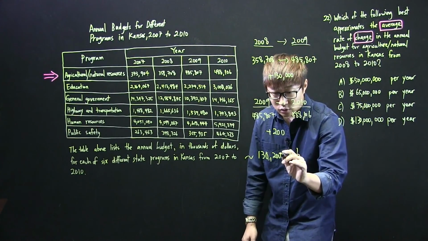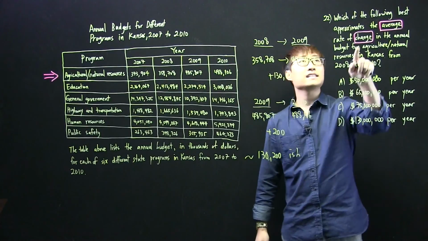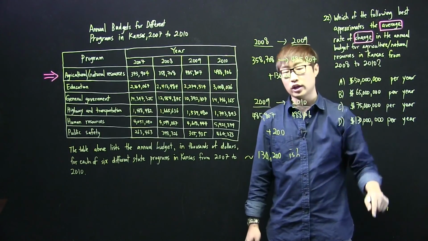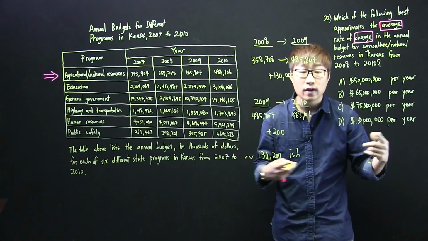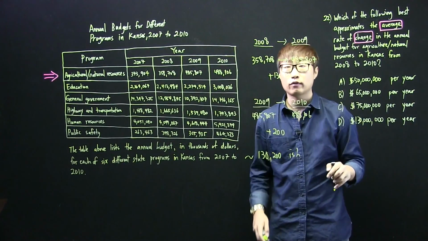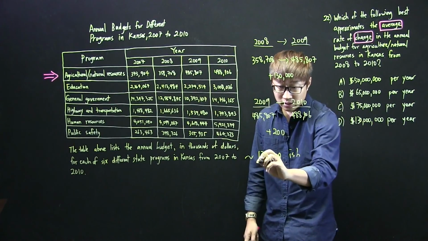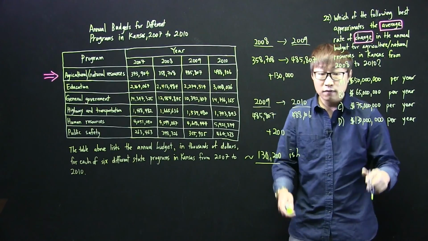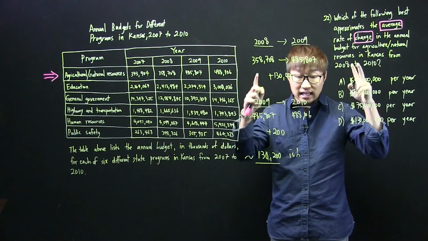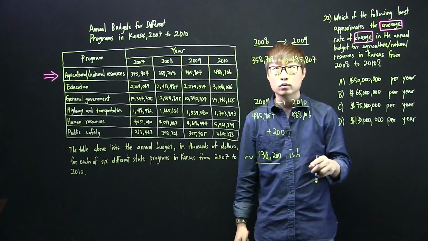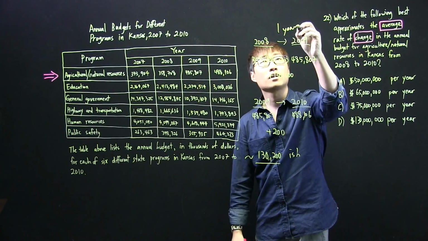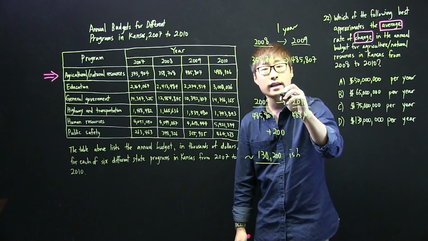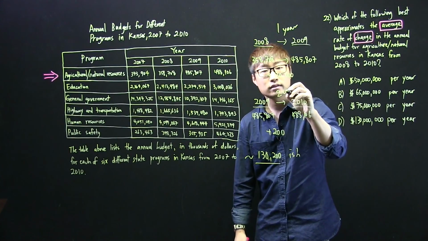So I get about 130,000, but it says the average rate of change. How do we find average? The sum divided by however many things you have, right? So in this case, the sum divided by however many years of change that we just went through, right? 2008 to 2009, that's 1 year. And 2009 to 2010, that's another year, right?